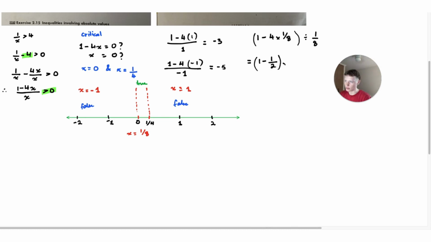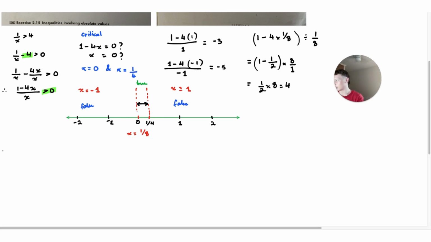That's then all multiplied by 8 on 1, because we had multiplied by the reciprocal. So that is a half times 8, which will give us 4. So it's positive. And because values in this region give us a positive solution, they're consistent with the equation here.